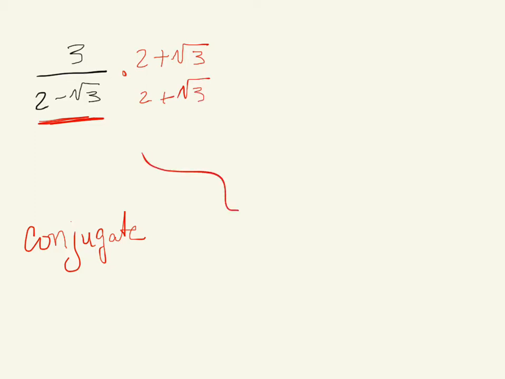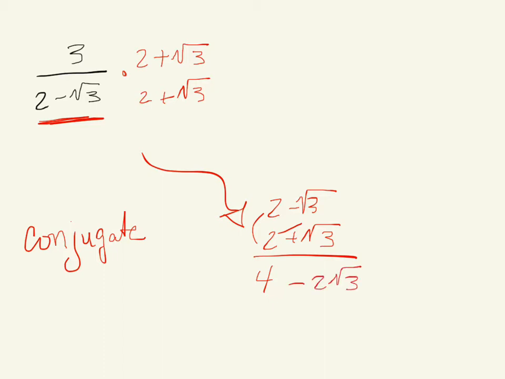Let me show you down here a little side note. 2 minus the root of 3 times 2 plus the root of 3. Remember we learned yesterday it's the FOIL method. So 2 times 2 is 4. 2 times negative root of 3 is minus 2 roots of 3. 2 times positive root of 3 is plus 2 roots of 3.